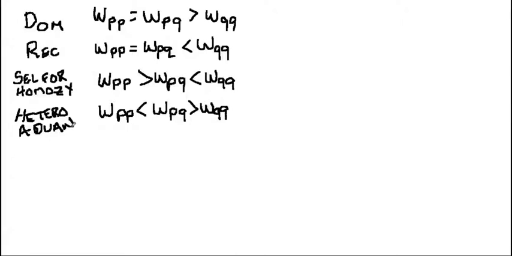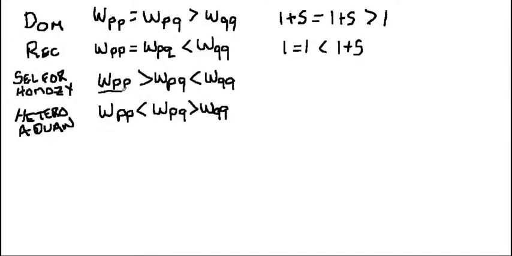So let's take a look for a minute and think about what our fitness values were in these situations. In this case, for our dominant, we had 1 plus S equals 1 plus S is greater than 1. Here we had 1 equals 1 is less than 1 plus S. Now, in our selection for homozygotes, we have to add another letter because we don't necessarily know that the fitness of this homozygote is going to be equal to the fitness of this homozygote.